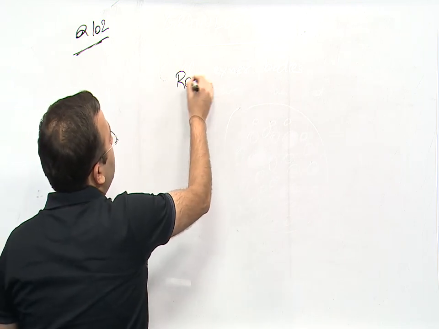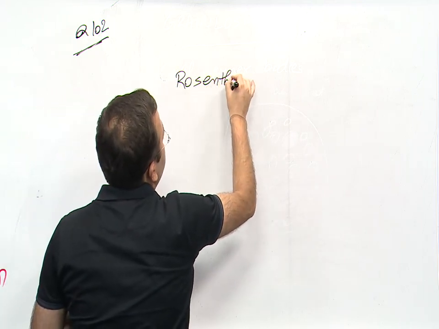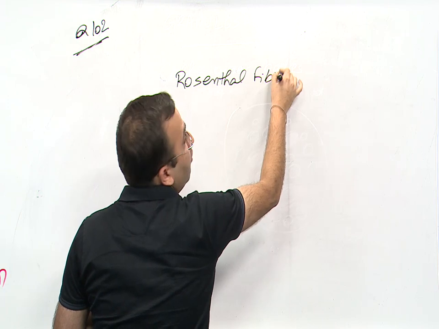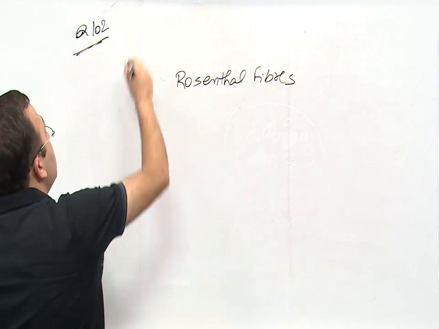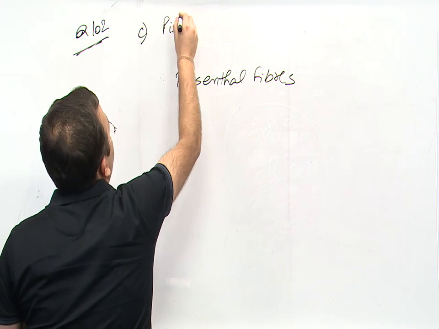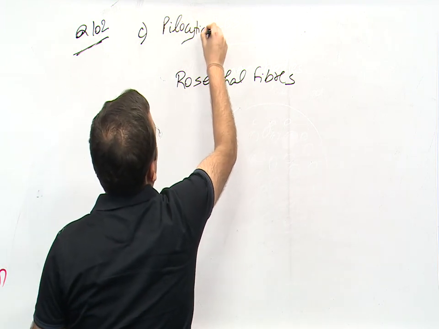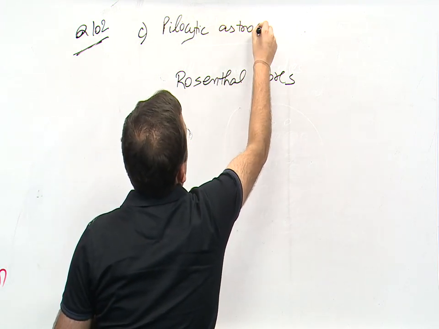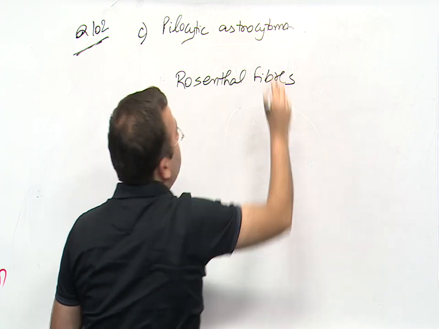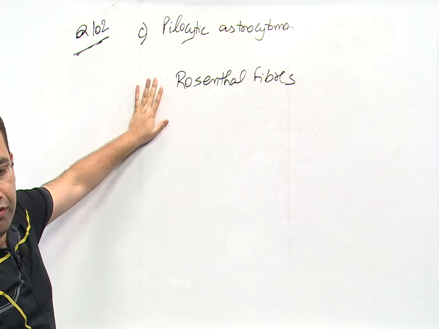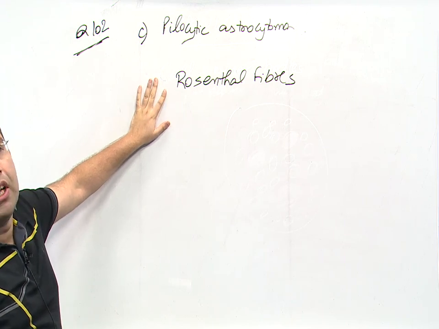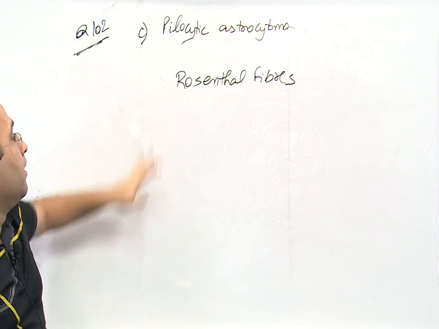What you are seeing here is the presence of Rosenthal fibers, seen in pilocytic astrocytoma. So these are the Rosenthal fibers, pilocytic astrocytoma.